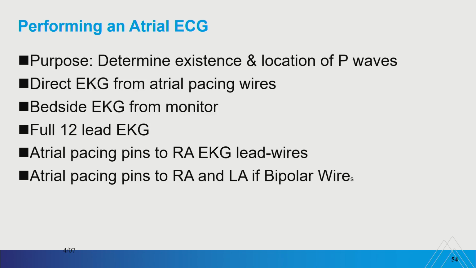Okay, an atrial EKG. This is how we can use this as a diagnostic tool. I can first say that I'm having trouble seeing my P wave. I'm not really sure. Is this patient in atrial fibrillation? Is this patient in a third-degree heart block? Is there a P wave? I can turn my milliamps on my pacemaker to 0.1 so that even if it fires, it's not going to hurt anything.